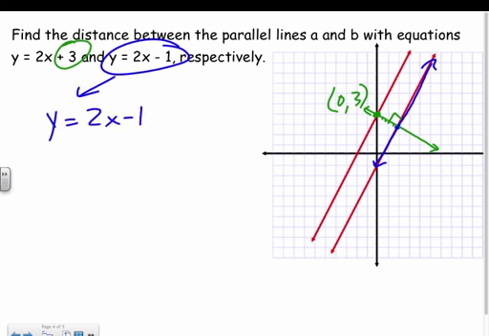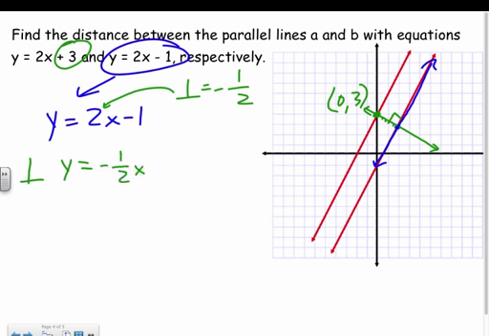And to find the equation of the line that's perpendicular, it's the opposite reciprocal of this slope. So the perpendicular slope would be the opposite reciprocal. So I'm taking 2 over 1 and I'm going to flip it to 1 over 2. And then we change the sign to a negative. So it's really negative 1/2 x.